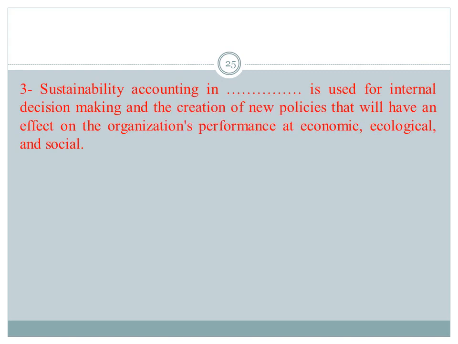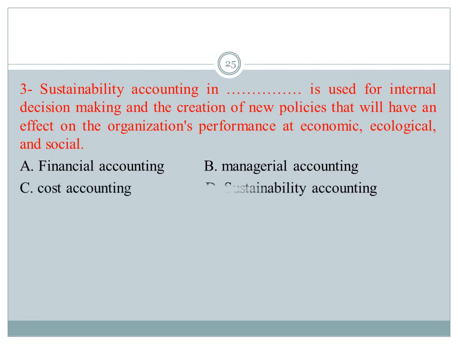Three, sustainability accounting in space is used for internal decision making and the creation of new policies that will have an effect on the organization's performance at economic, ecological, and social levels. The choices are A. Financial accounting, B. Managerial accounting, C. Cost accounting, D. Sustainability accounting.